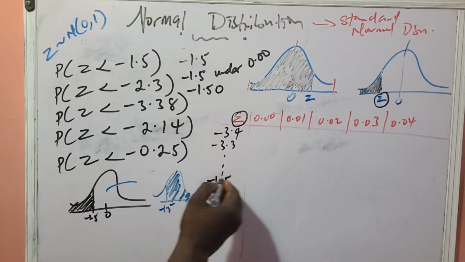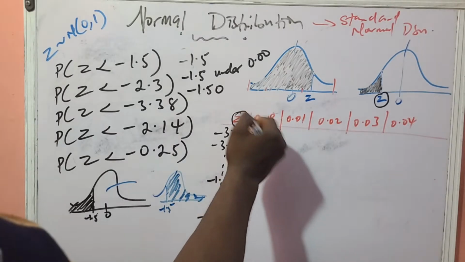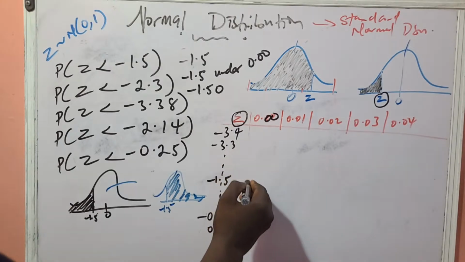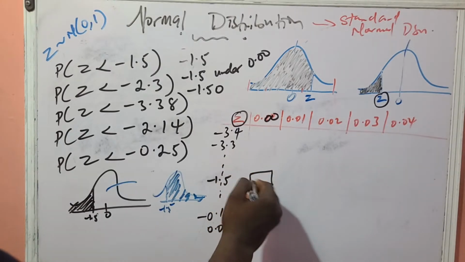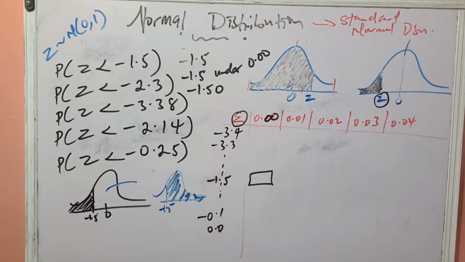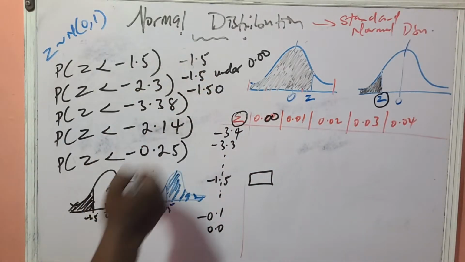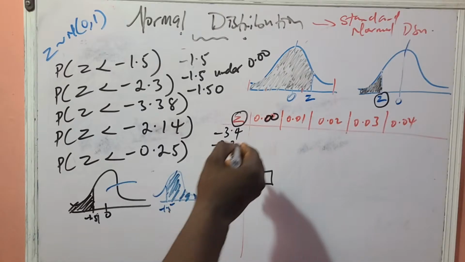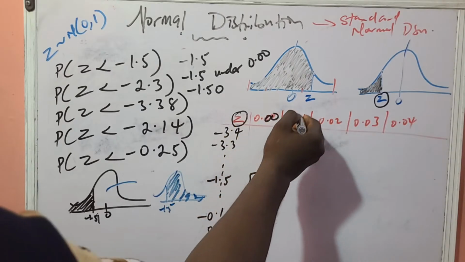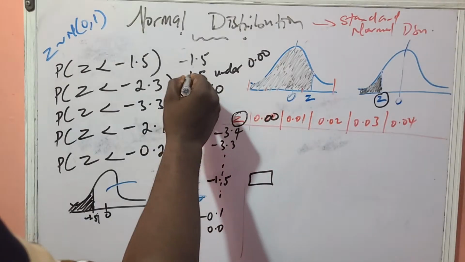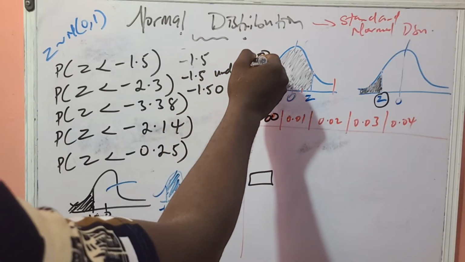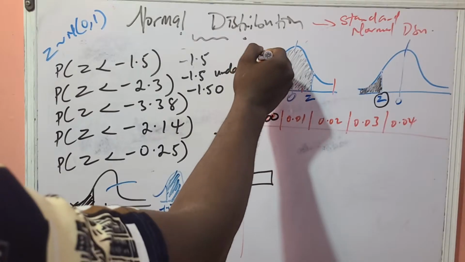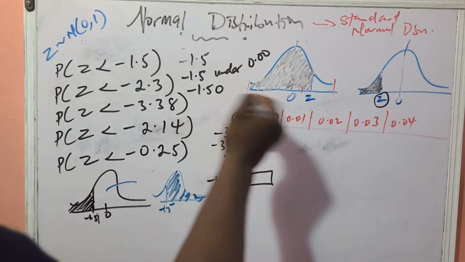You'll read the value of minus 1.5 under 0.00, which is the first column. You'll go and read the value that was given here. Now, if you wanted to find minus 1.51, I will not be reading under 0.00, I'll be reading under 0.01, because minus 1.5 plus 0.01 will be minus 1.51.